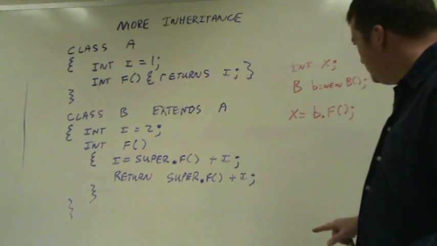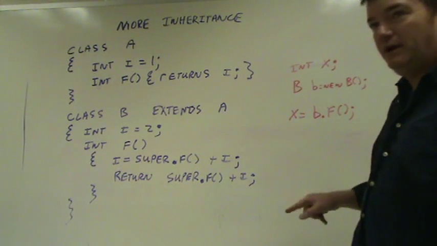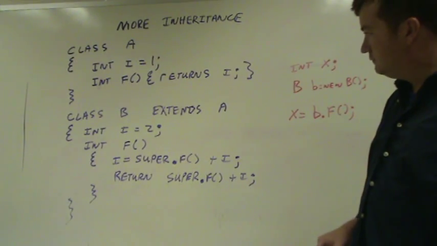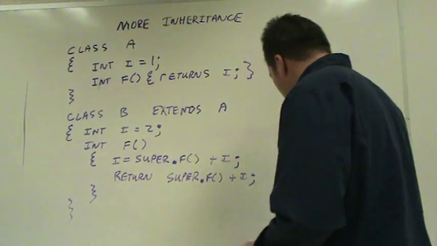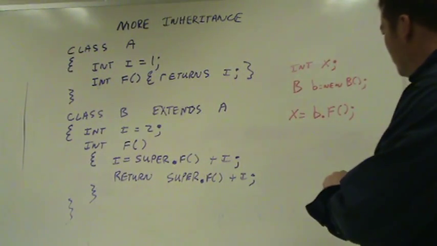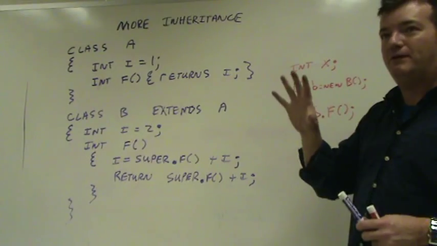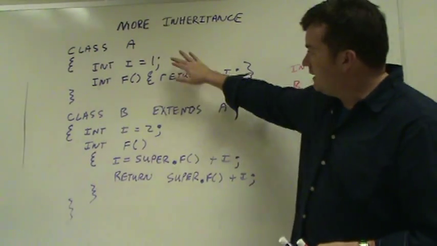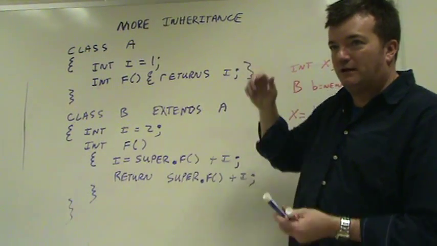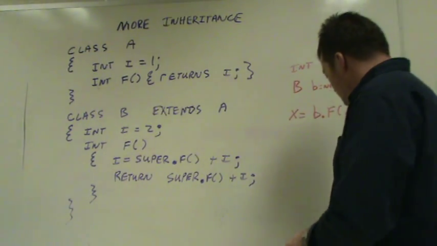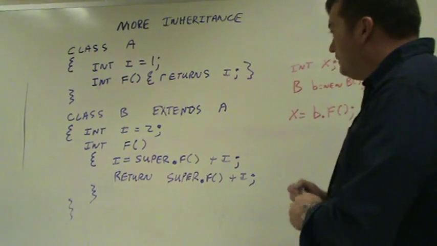The one in the base class A or the one in B? Well, first of all, if I wanted to draw the storage for a B object, how many fields would it have? The functions don't take up storage, it's the variables that take up space. So if I wanted to draw a B, what does it look like?